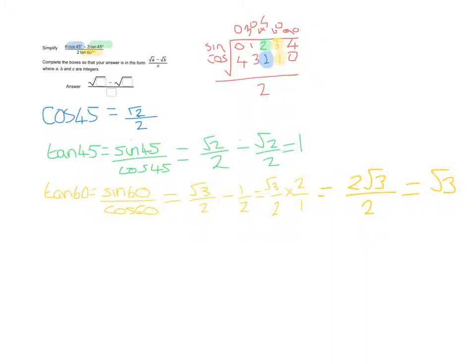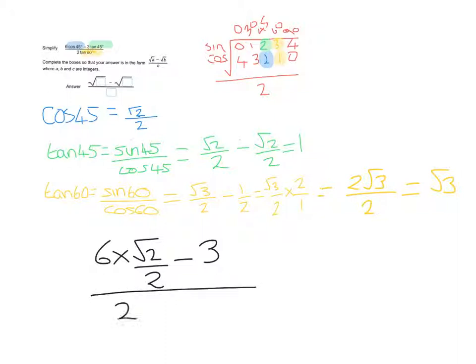So I'm going to have 6 times cos of 45, which I've got as root 2 over 2, minus 3 tan 45, which I've got as 1, so that's just going to be 3, all over 2 times tan 60, which I've got as root 3.